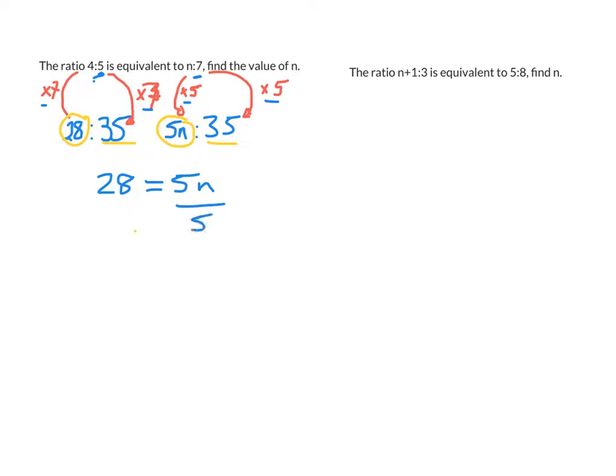We divide both parts by 5, and we have 28 over 5. Well, let's write it as a mixed number. 5s into 28 go 5, remainder 3, so n is the equivalent of 5 3/5.